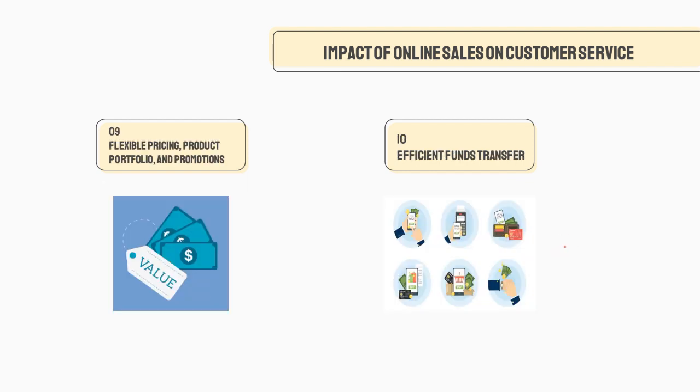So, next is the flexible pricing, product portfolio, and promotion. So, dito naman, given the ease of changing prices and assortment online, the internet allows a company selling online to manage revenues from its available product portfolio much more effectively than to do traditional channels. So, kasi pag sa online, yung presyo nagiging flexible.